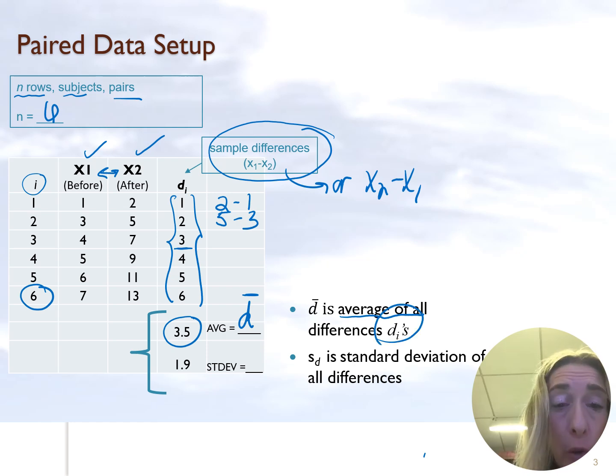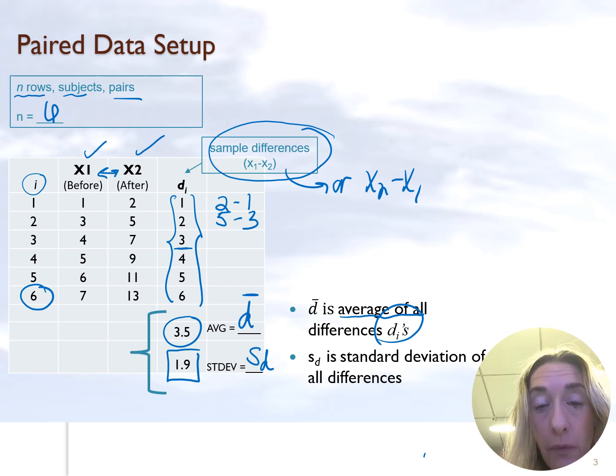Using those 6 individual differences, 1, 2, 3, 4, 5, 6, we also calculate the standard deviation, which you would come up with as 1.9. We give that the symbol s sub d for standard deviation of the differences. s sub d is the standard deviation for all of your individual differences, d sub i.